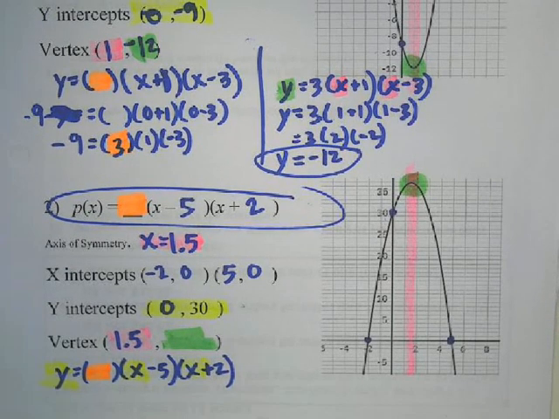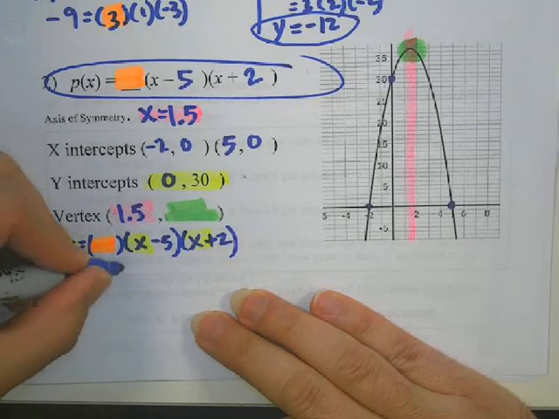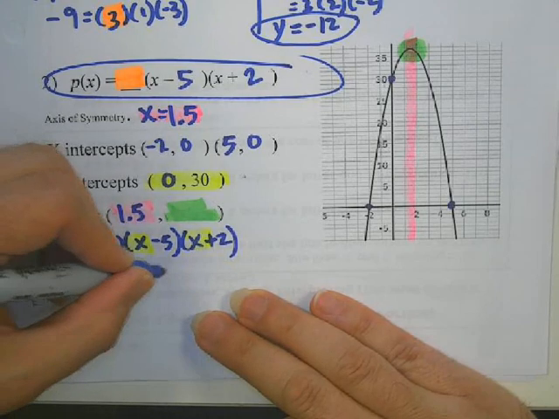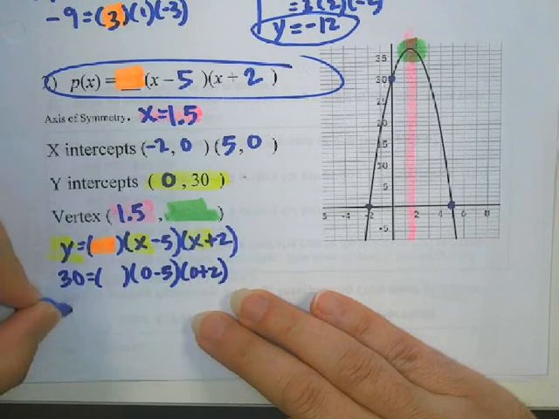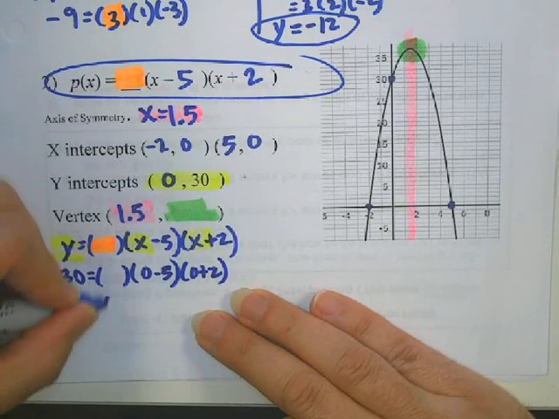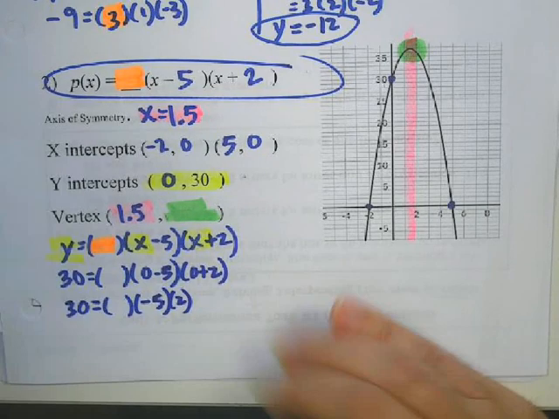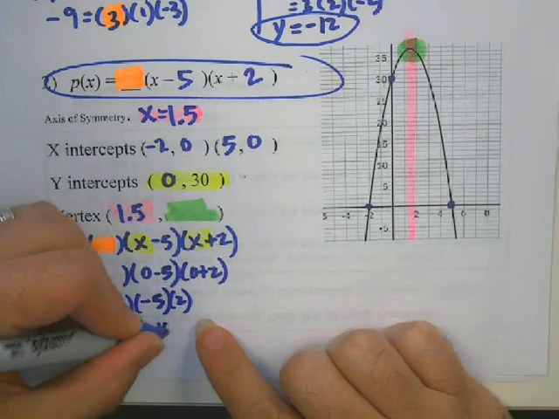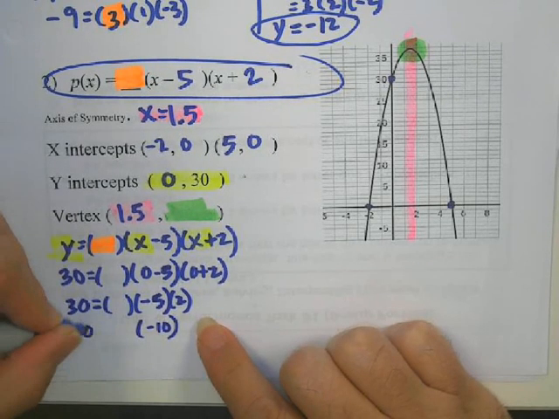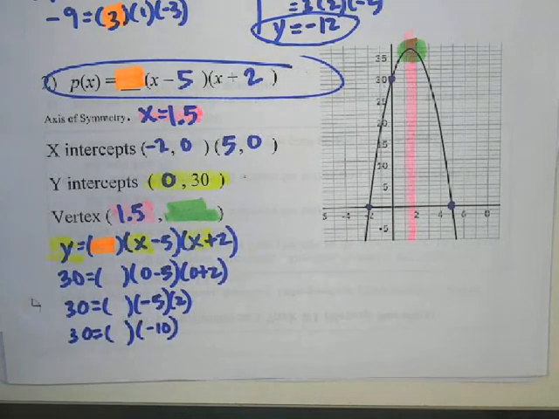So y is 30 and x is 0. So we have 30 equals some number times negative 5 times positive 2. Well, negative 5 times positive 2 is negative 10. So this number here has to be negative 3.